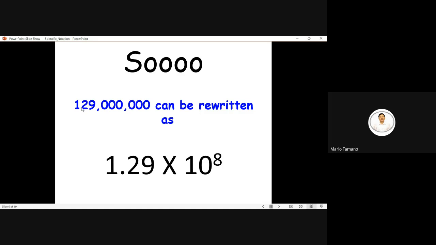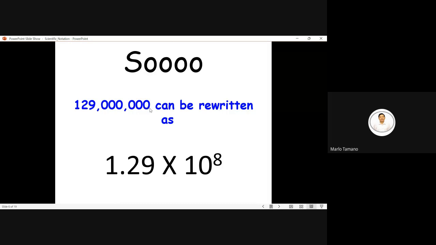Then, you put the decimal point between 1 and 2 to make it 1.29. And that 1.29 is still greater than 1 but less than 10. Can you follow? Yes.